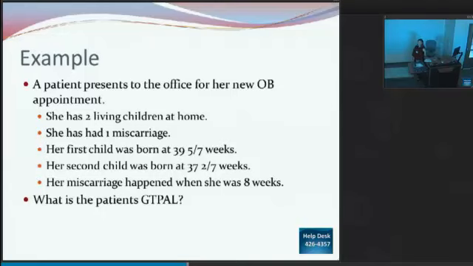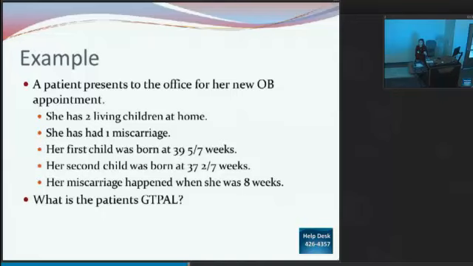How many term pregnancies? 1, because that second baby wasn't at the 38-week mark. It was prior to 38 weeks. I know we look at 37-week babies and they look perfectly fine and completely term, but we do consider that preterm. All right, what's her P, her preterm? 1.